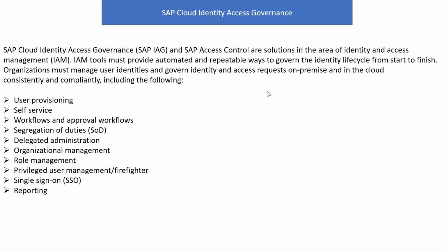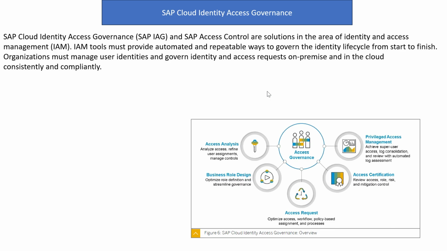In that case, you can use access request management of GRC access control, and coming to business role design, then ARA, which is access risk analysis, and then access certification and privileged access management, you can use the ARM of GRC access control. Along with that, the best suggestion is you can use ARA of GRC access control, and the rest you can use from IAG.